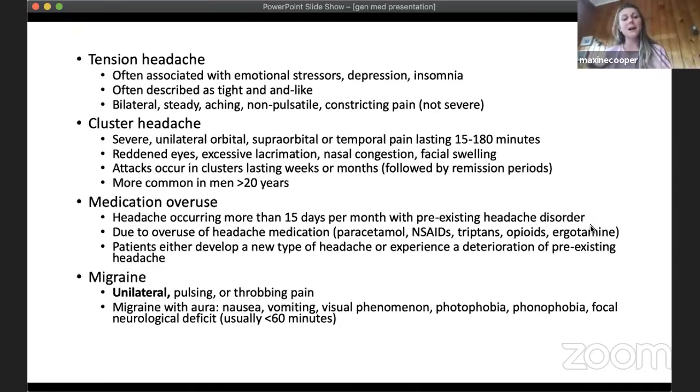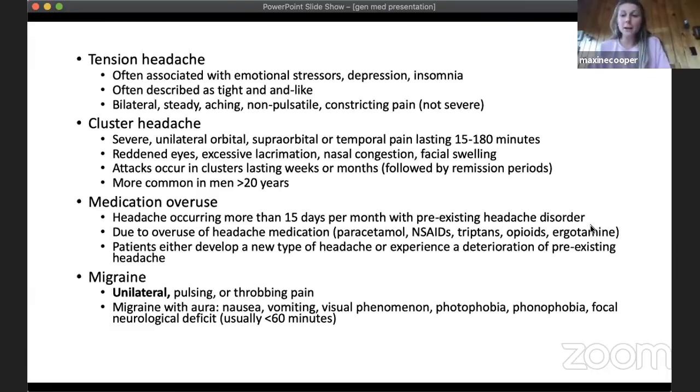This overuse of drugs, I think it has to be for over 12 or so days a month, can lead to either a new headache or worsen one that they already had. So that's why it's really important to be considering that. These headaches can be harder to treat because you've got the whole withdrawal of drugs as well. So important to get onto that.